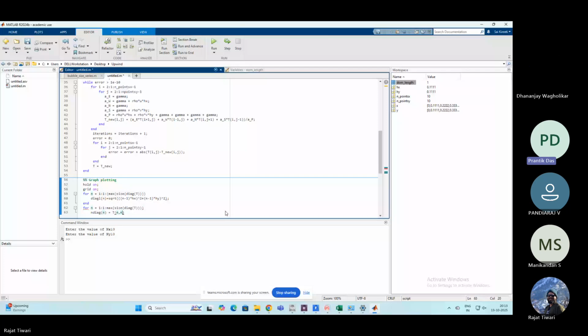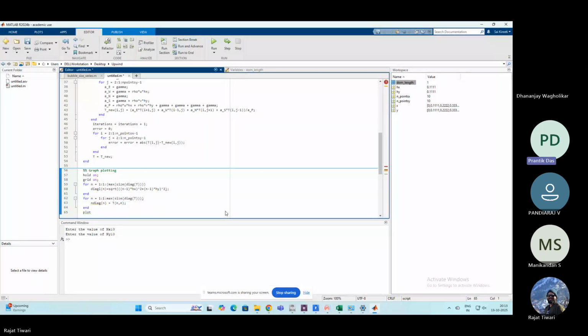Then plot the diagonal distance against the diagonal temperature. Color is not required.